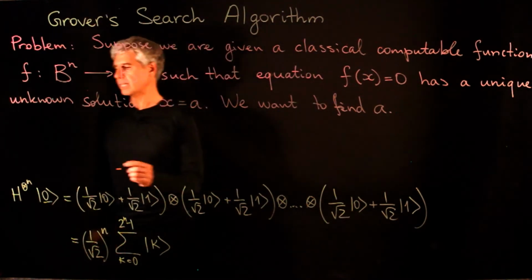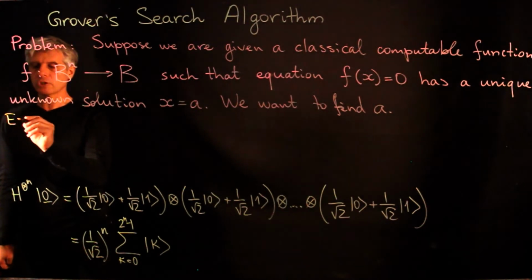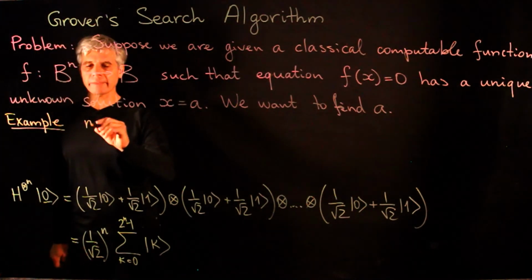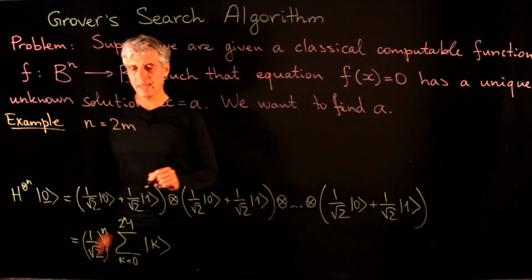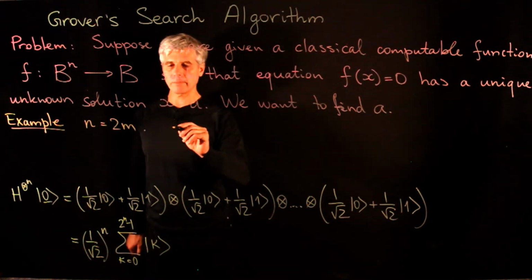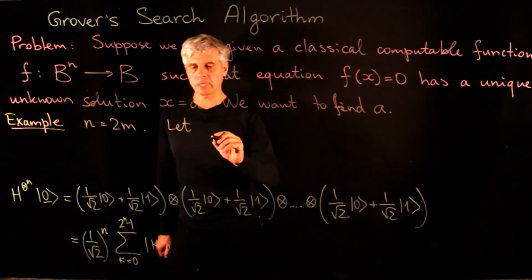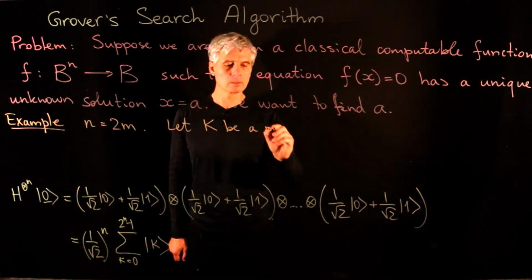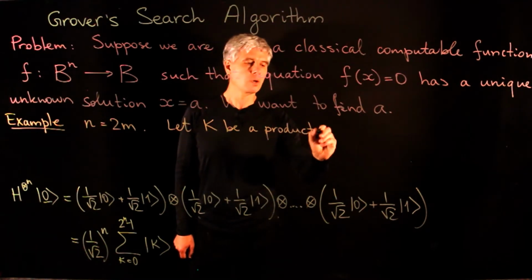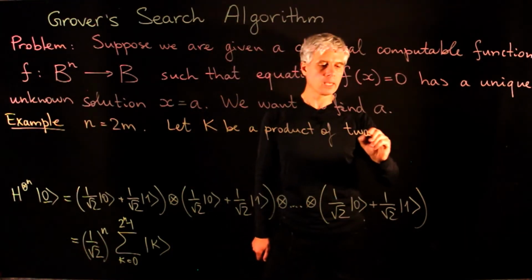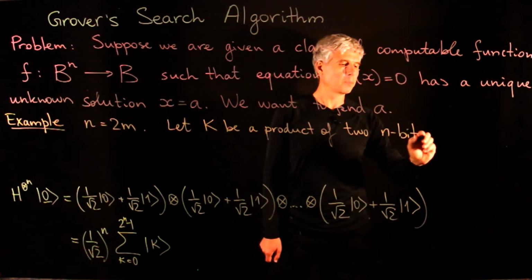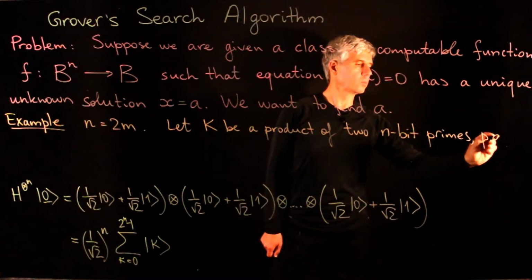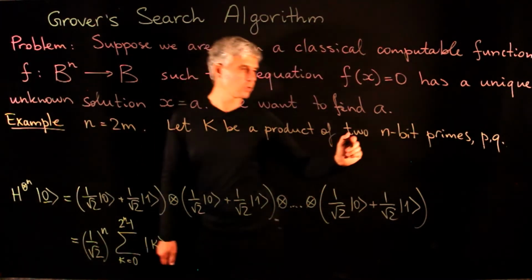Now let's give an example of an interesting function of this type. Suppose n is 2 times m, and we let some integer k be a product of two m-bit primes, p and q.